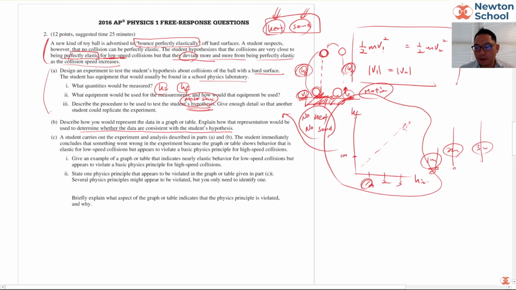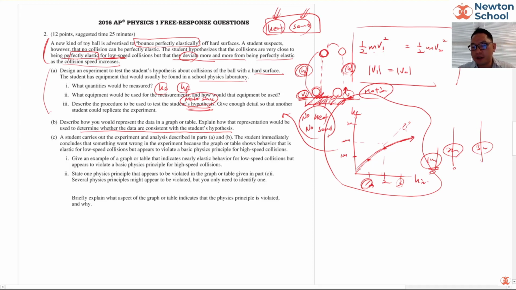At 2 meter, if it's perfectly elastic, it will bounce back up to 2 meter, which is probably not the case. It'll probably be lower. And 3 meter deviates even further, right? So I'm expecting something like this type of data. If that happens, that's consistent with the student hypothesis.